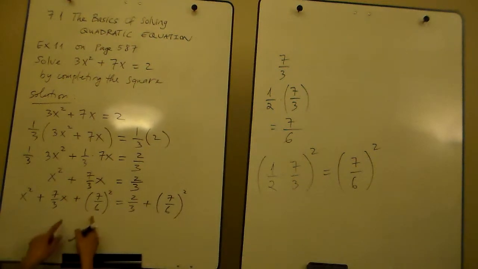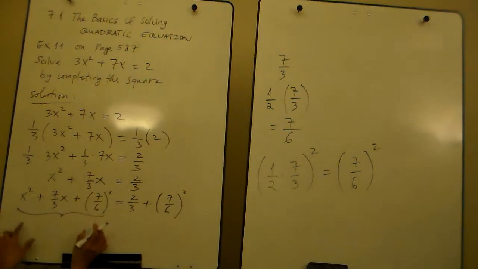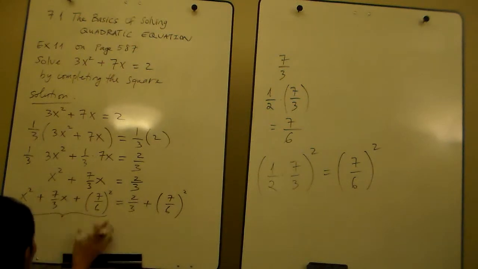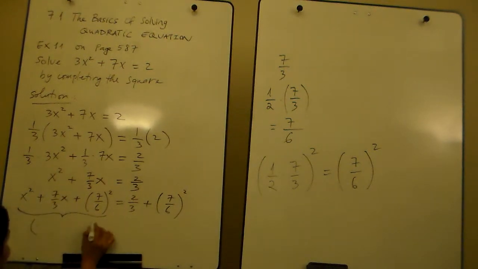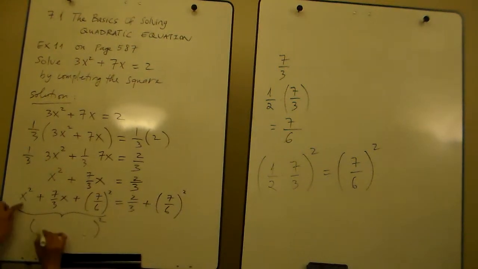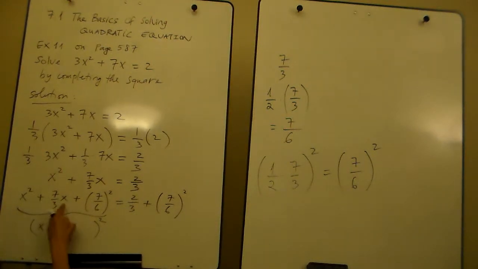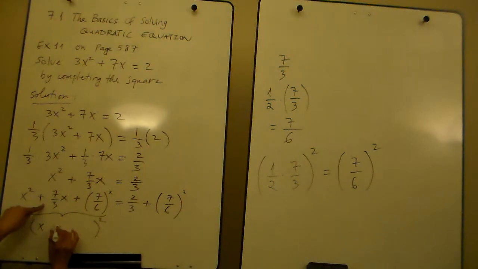And then now we're ready to complete this square. This trinomial you can factor into this square, which is x, because this term that has the x to the first power has sign positive, so you will have sign positive right here. These two should match, okay?